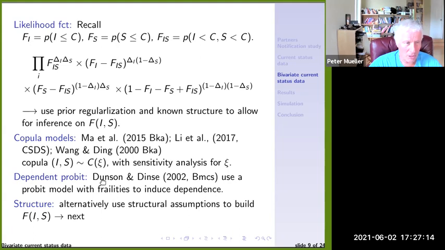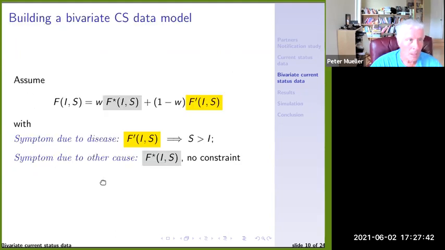Reasonably straightforward and clean way to proceed. We'll do something similar, but exploiting more known structure of the problem. So we'll introduce structural assumptions that actually arise from this particular study. And on top of that, we have marginal models for infection and symptoms, and piecing that all together will give us useful inference on the bivariate event time.